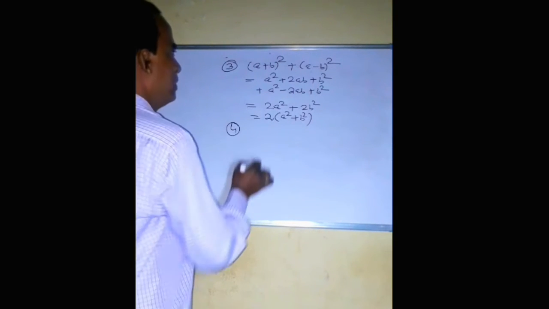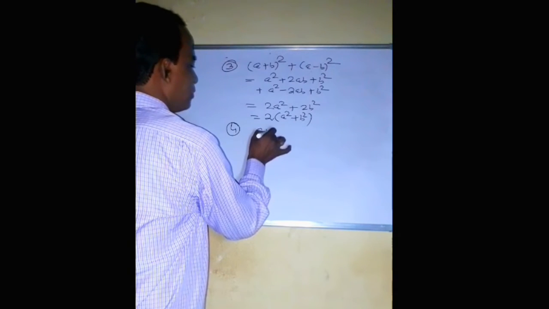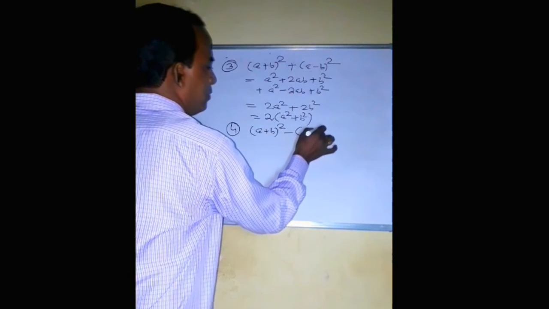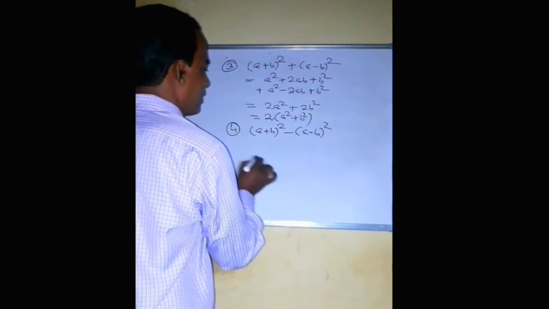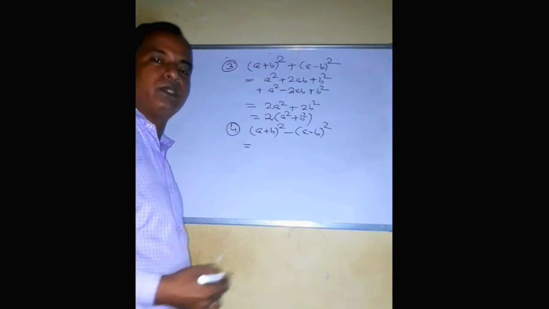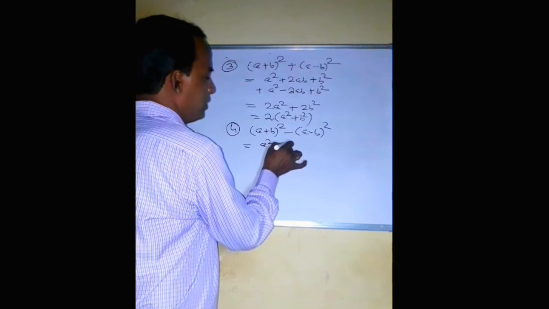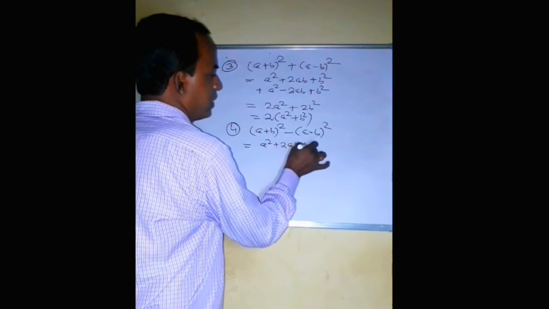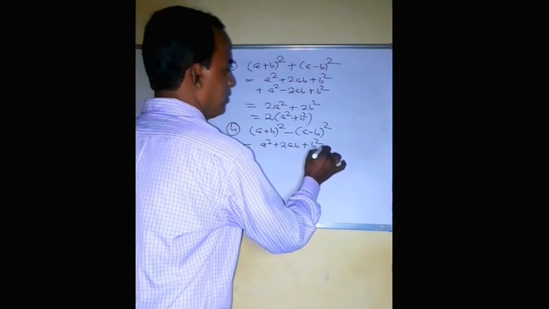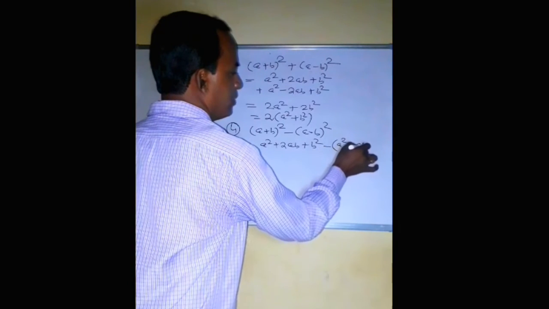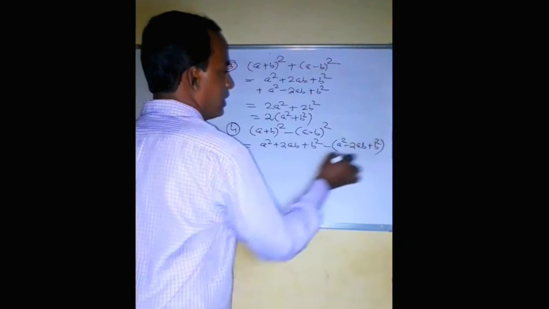Another formula also: a plus b whole square minus a minus b whole square. So a plus b whole square, how much? A square plus 2ab plus b square, minus a minus b whole square, a square minus 2ab plus b square.